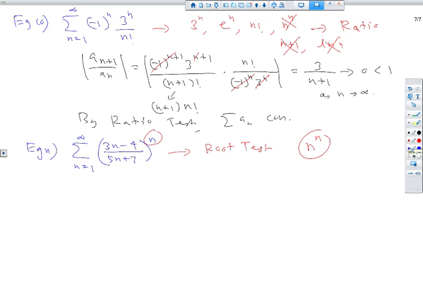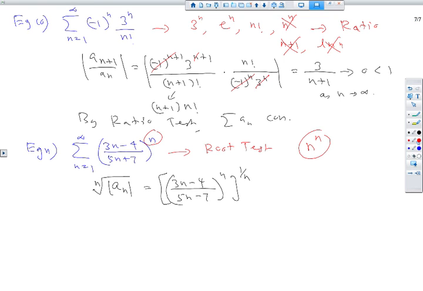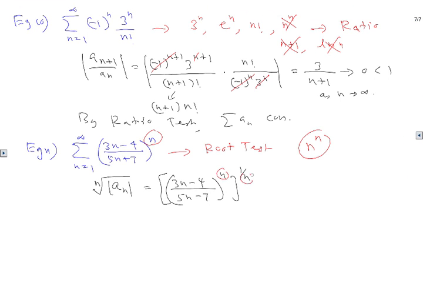So let's finish the job. We normally take the nth root of the absolute value. That's what we try to do. So it is (3n minus 4 over 5n plus 7) to the nth power, nth root. With the nth power and nth root, those cancel.